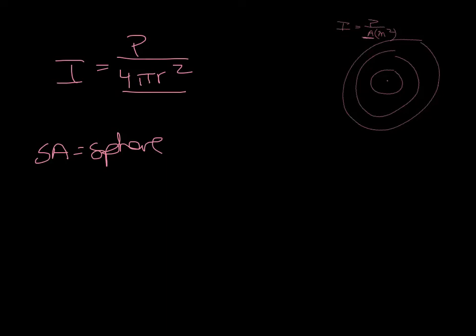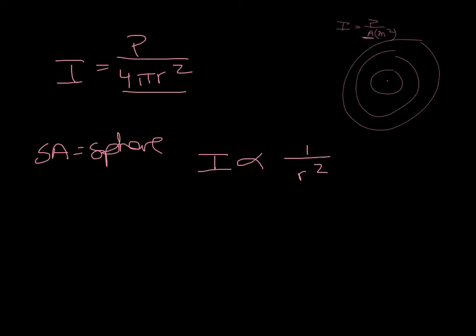This brings us to the inverse square law, where the intensity is proportional to the inverse of the square of the radius.